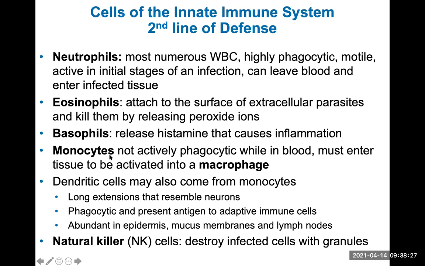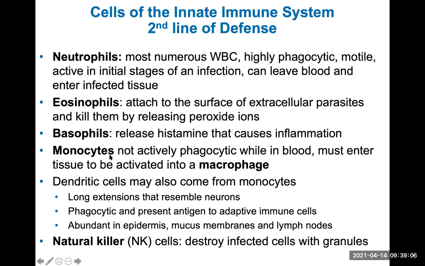They're phagocytic, and in addition to engulfing a pathogen, they can also process the antigen from the pathogen and display it on their MHC self-tag, which helps other immune cells, T and B cells from the adaptive immune system, to know that there's been an invader. And so it plays a very important role in the activation of the adaptive immune system.